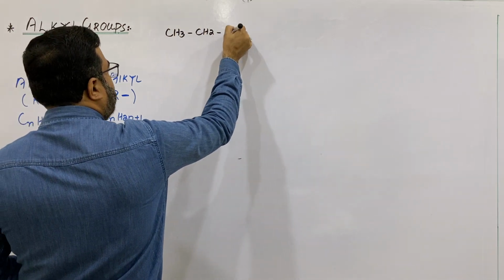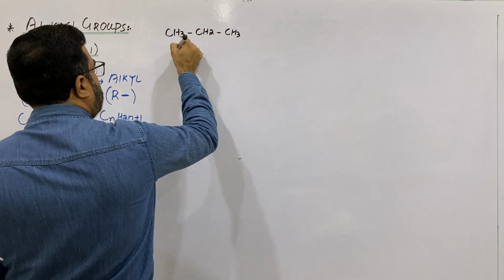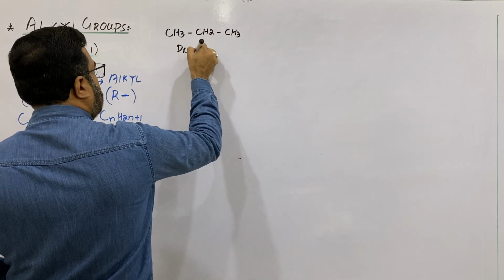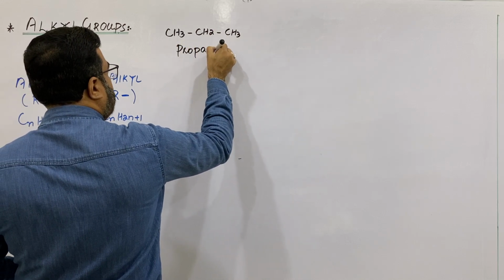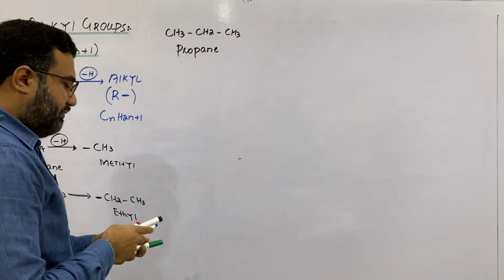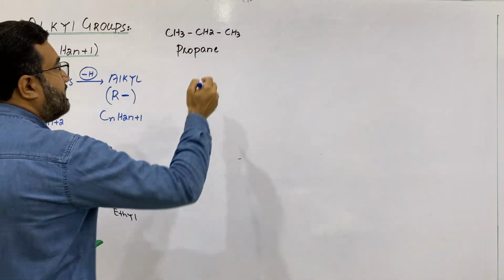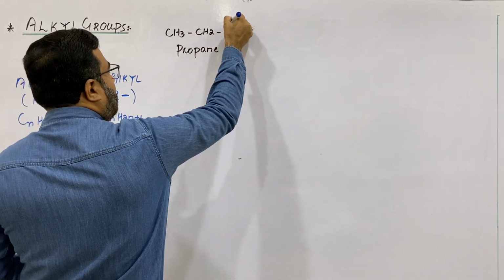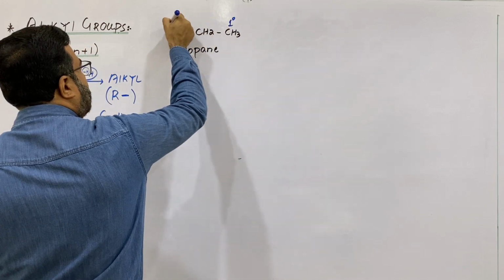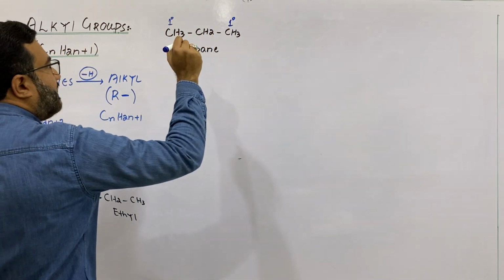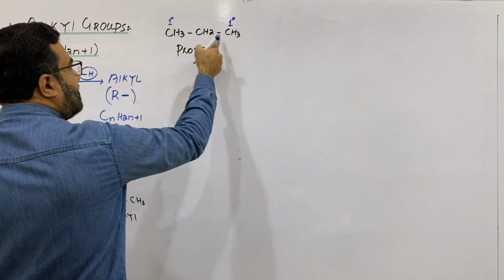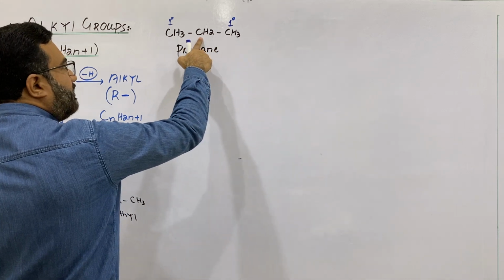which is basically 3 carbon alkane, propane. Now, my dear students, propane has two types of carbons. The terminal carbons, they are 1-degree carbons as they are directly attached to only one carbon atom. This is directly attached to this, and this one is also directly attached to only one carbon.